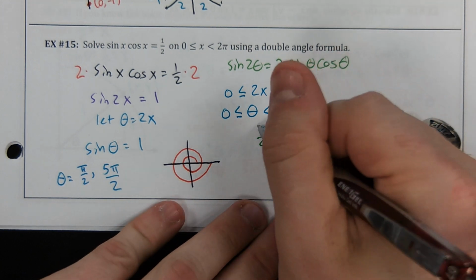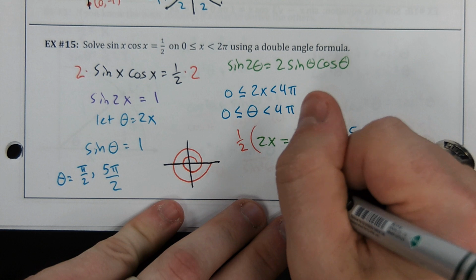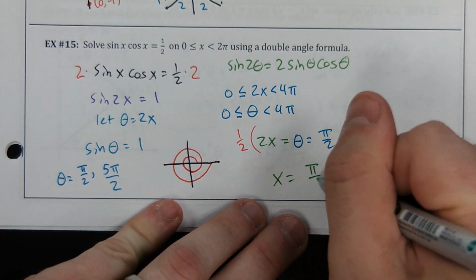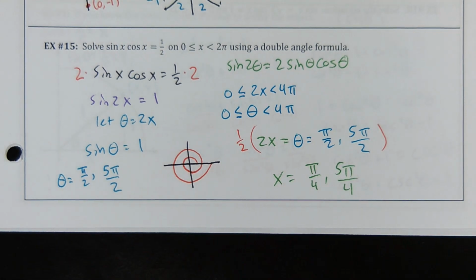Multiply everything by 1/2, and what you'll get is x equals pi over 4 and 5 pi over 4. So sometimes you don't need a factor. Sometimes you just need to force an identity.